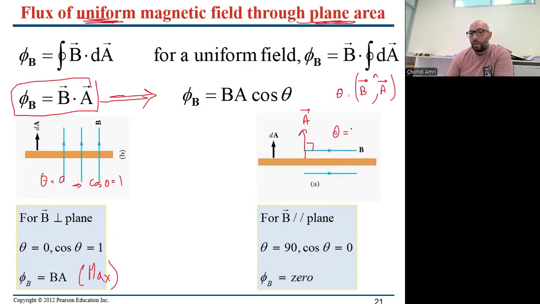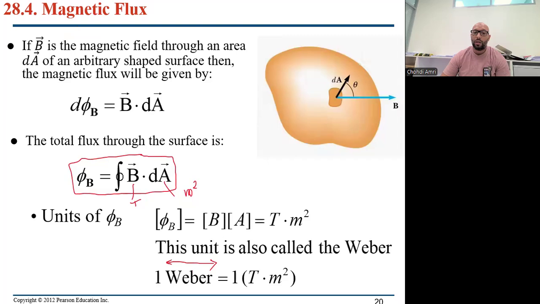In this case, theta equals 90, cosine theta equals 0. The flux will be 0, and we can say that the flux is minimum. Well, that's done. So we can use this equation when we have a uniform magnetic field and a regular surface. We use the integral as the general form if the magnetic field is not uniform or the surface area is not regular. And that's all we have done.